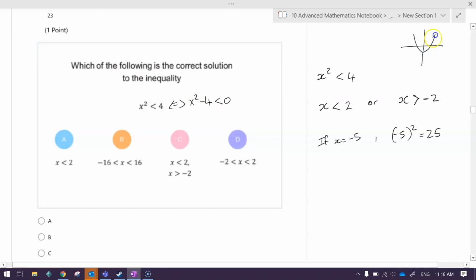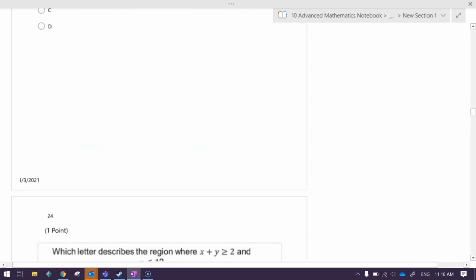X squared minus 4 looks like this, doesn't it? It's just a parabola that's been shifted down 4 units. It's got intercepts at negative 2 and 2. You can see here that it's less than 0 between negative 2 and 2, or when it's greater than negative 2 and less than 2. Greater than negative 2, less than 2. That's the answer I'm looking for there, D.